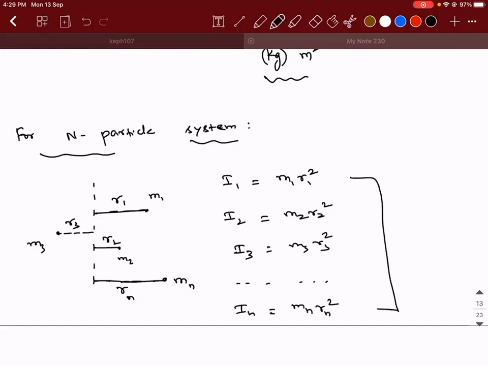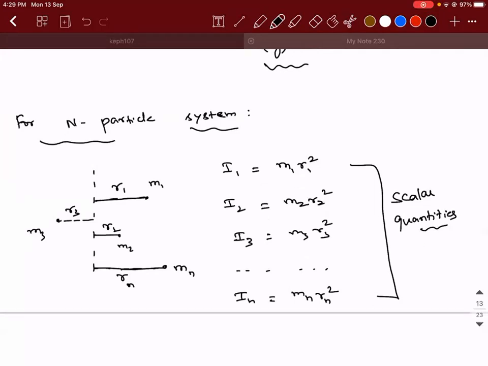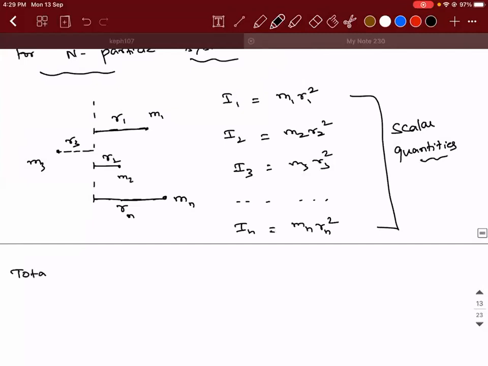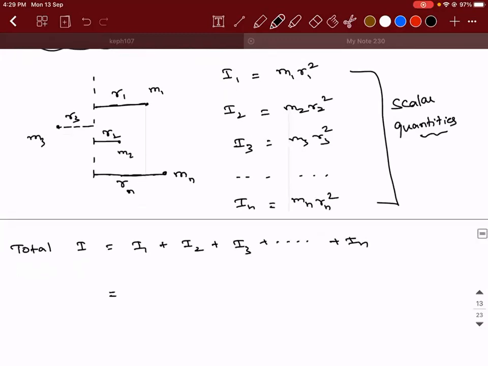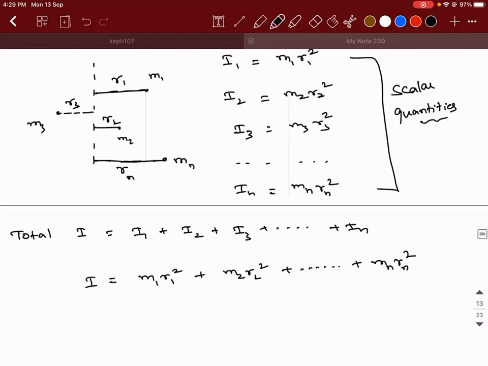Remember, all these are scalar quantities. Then the total moment of inertia will be equal to I1 plus I2 plus I3 plus so on plus In, which is m1 r1 square plus m2 r2 square plus so on till mn rn square. This is the total moment of inertia.